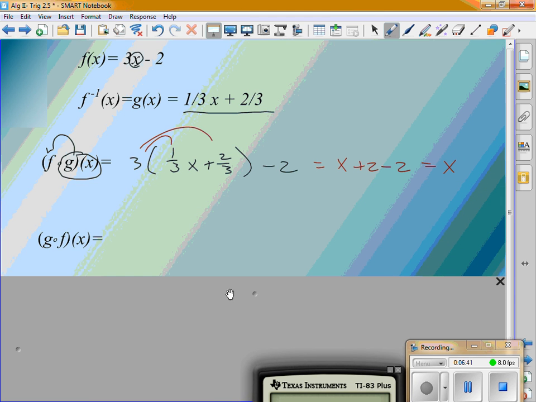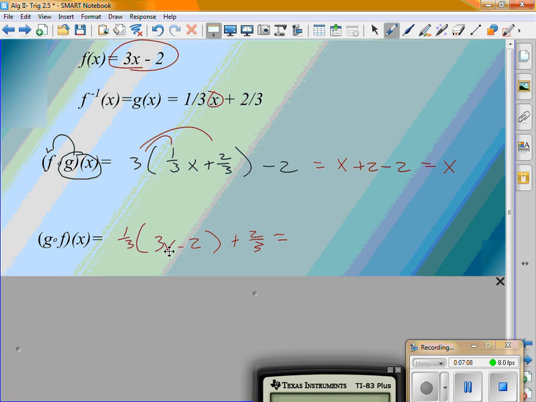Find out what g of f is now. For finding g of f, I'm going to take f and put it into g. So I have 1/3, and now I put in the entire f: 3x minus 2, and I still have the plus 2/3.